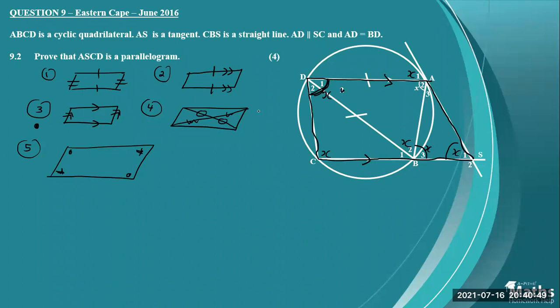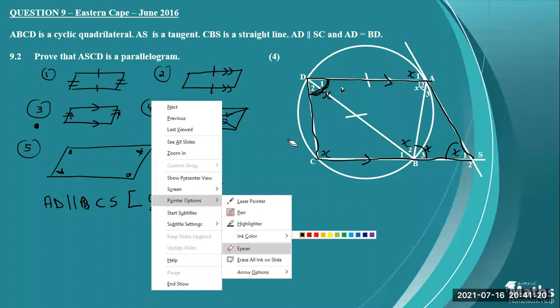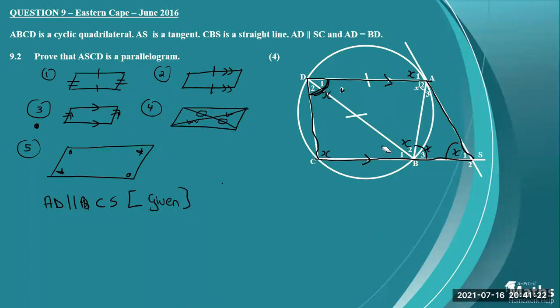So what else can we look at? Well, we have AD parallel to CS. Okay, that was given. So now try and think, is it possible maybe to prove that DC is parallel to AS?